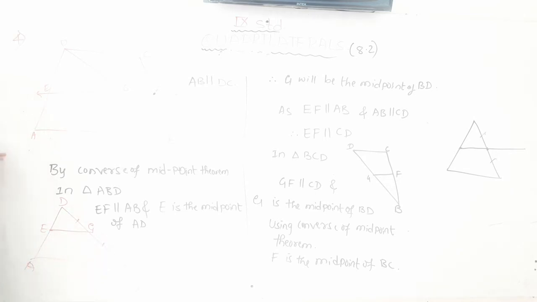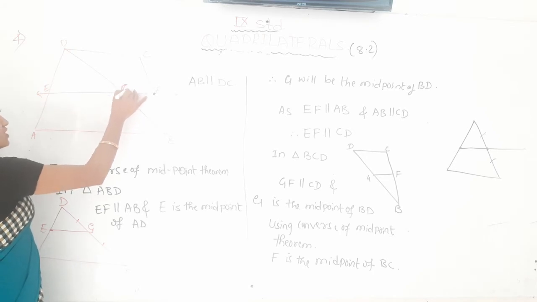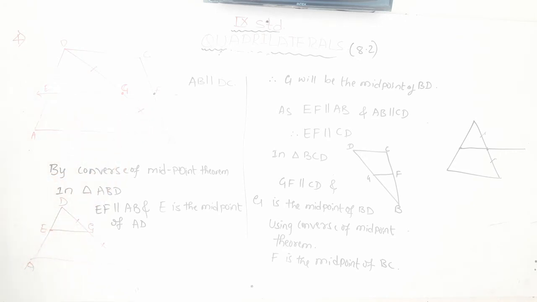It intersects at a point G here, and this line will bisect BD into two equal parts, BG and GD.